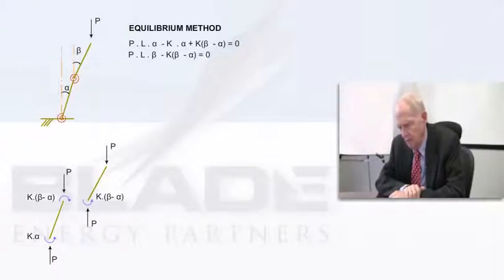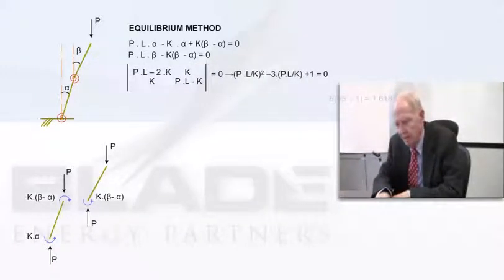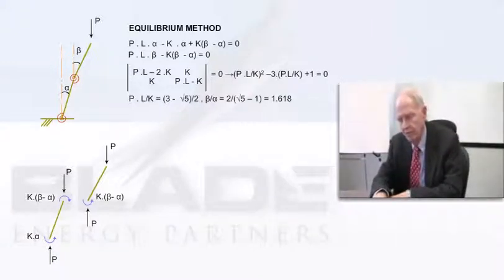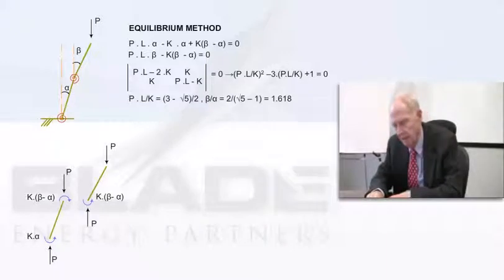That's indicated in the third and fourth lines on this page. All I'm doing is taking the coefficient matrix for the equations above, and setting the determinant of that equal to 0. When I do that, you can see that I'm going to get a quadratic equation in PL over K, which I've written there. And we get two roots, of course, because it's that way.